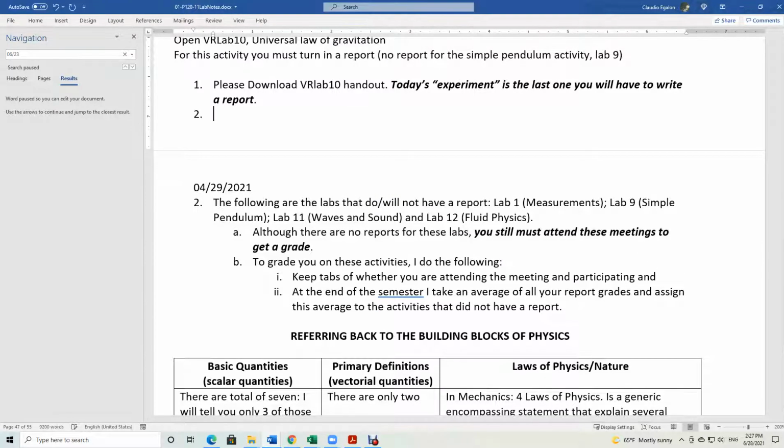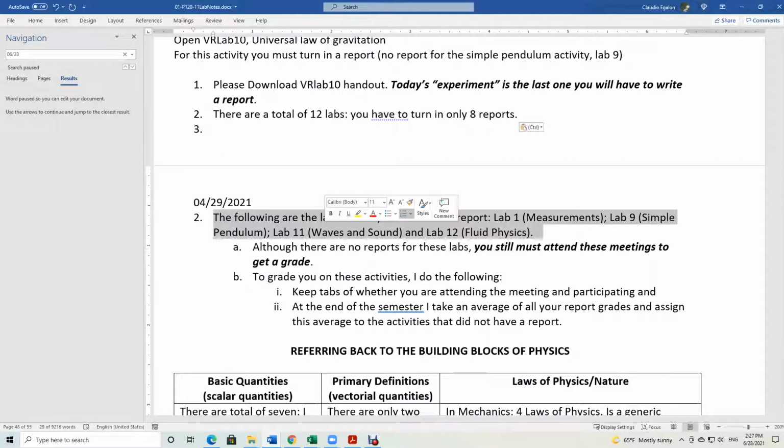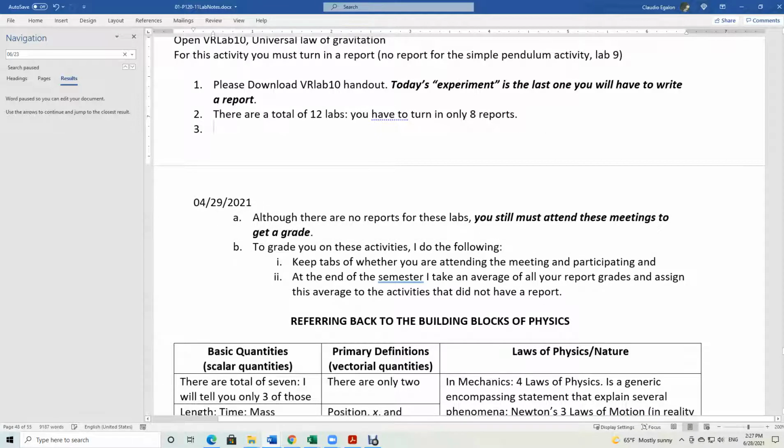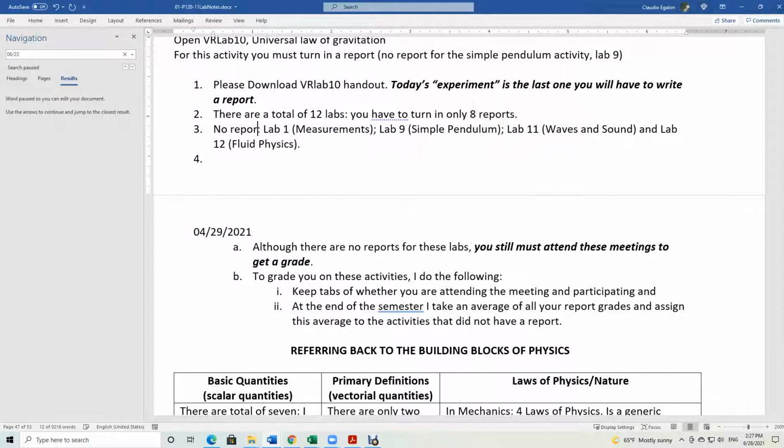You have to turn in only 8 reports. You do not need to turn in reports for the following labs. Let's write that down. No reports for the following lab activities: Lab 1, Lab 9, 11, and 12.